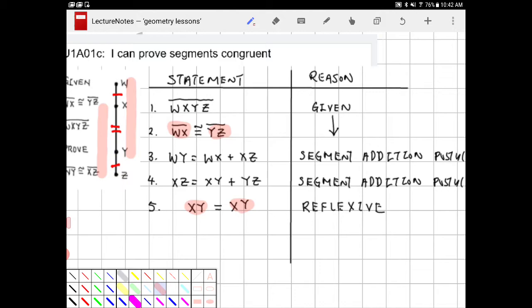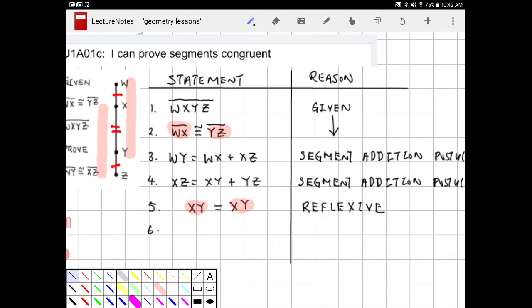If we're treating these as equality statements, in other words, lines 2 and 5 are actually like an equation. So if we're treating this like an equation, then we may operate on it as if it's an equation.